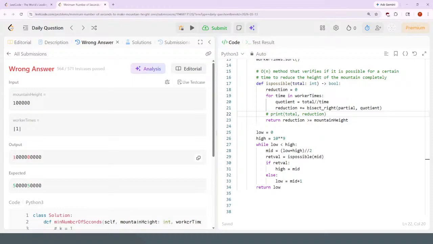Is this bigger? Yeah, 10 to the 9th is not big enough. It has to be like 10 to the 10th, maybe.